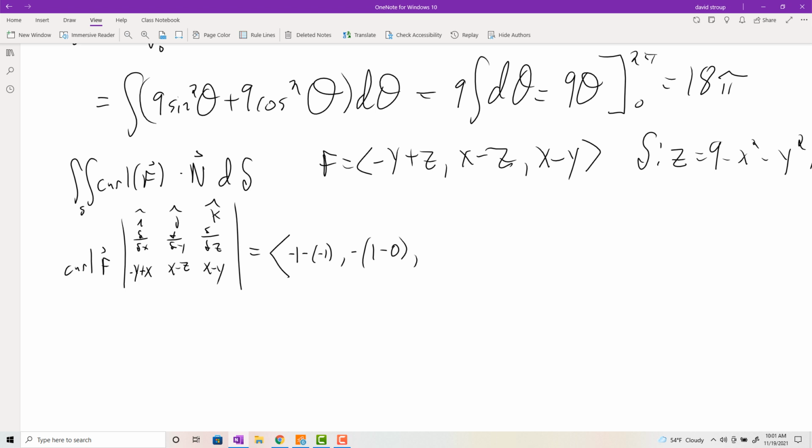And then the third component, cover up the third column. It would be 1 minus negative 1. Okay, so our vector for the curl is going to be 0, negative 1. Oops, did I screw up that component, the second one? So it would be 1. Did I put them in the wrong place?